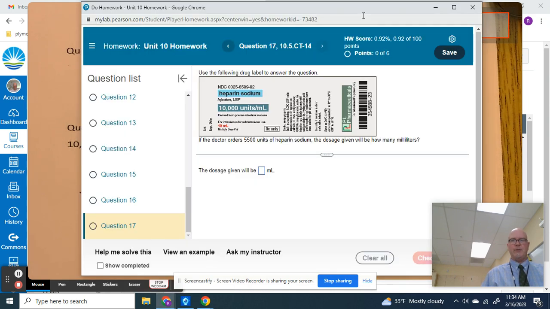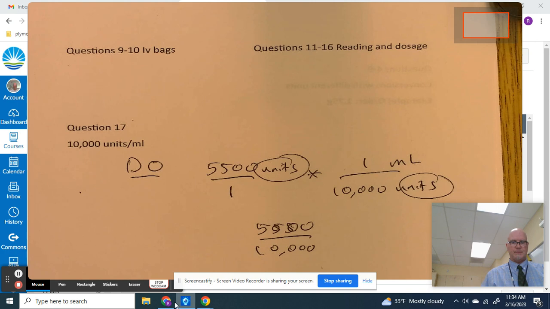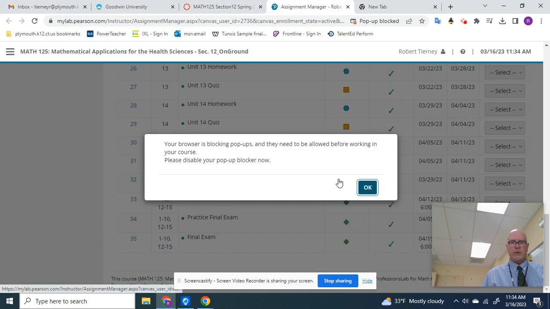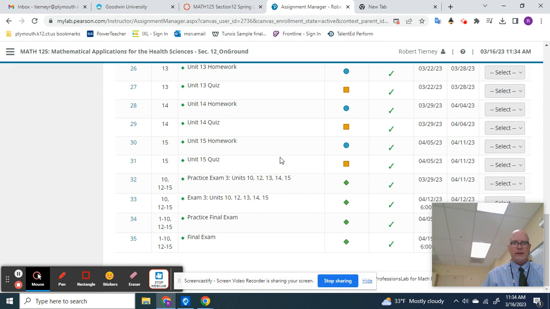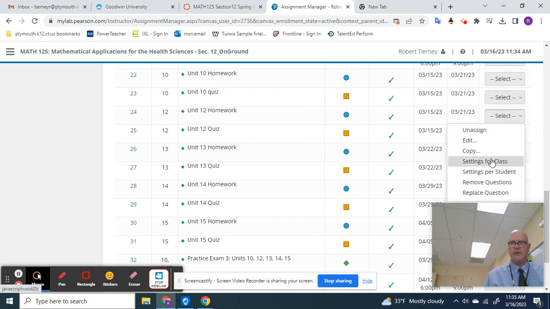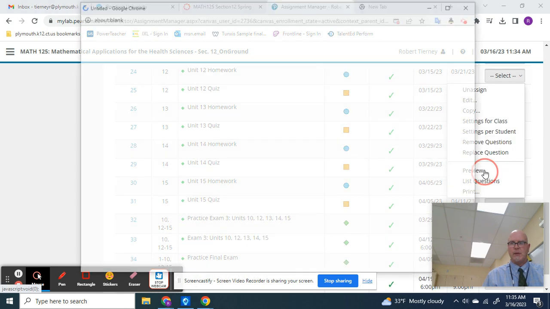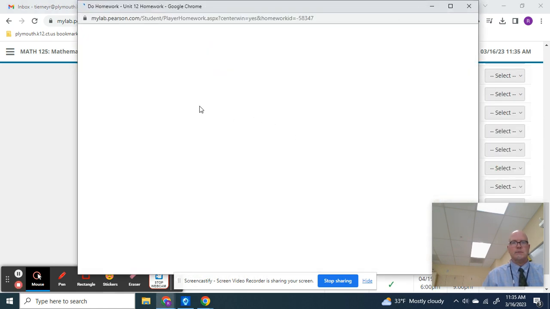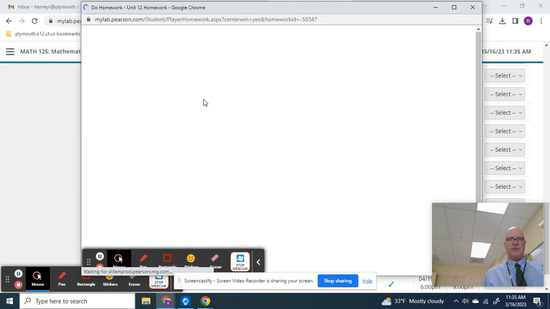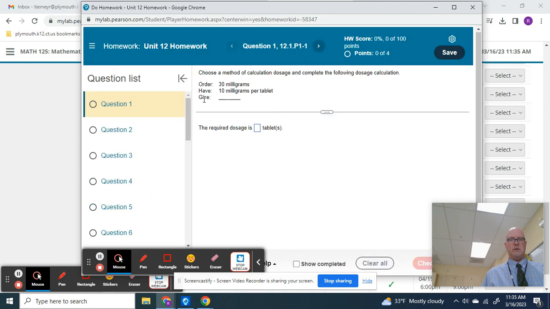Now I'm going to jump to Unit 12 and take a peek at how that one filled in. I also have some work on Unit 12 over here, on the back of our pieces of paper that we have here.